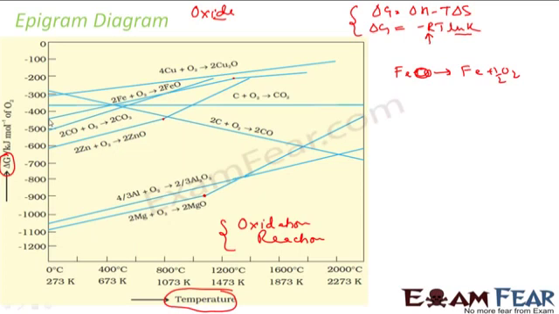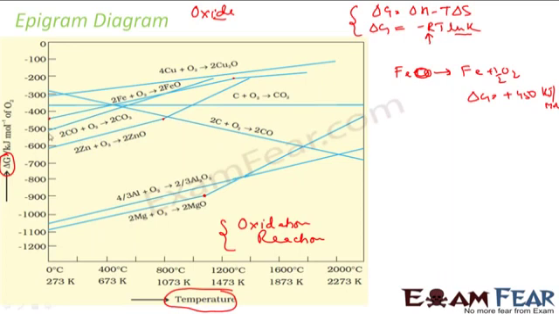And for this, delta G is given, that is minus 450. So for the reverse reaction, delta G will be plus 450 kilojoule per mole. If it is plus 450, that means the reaction is not feasible.